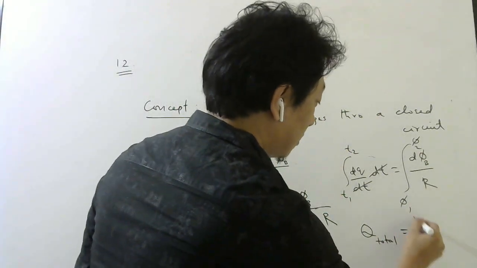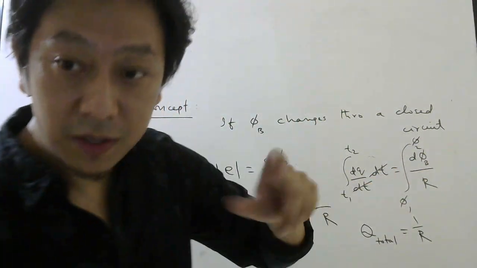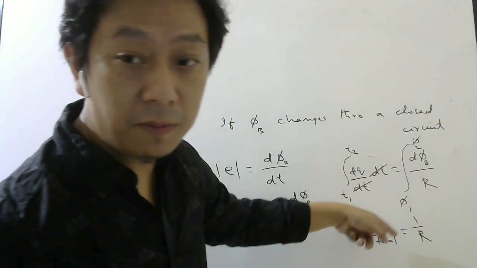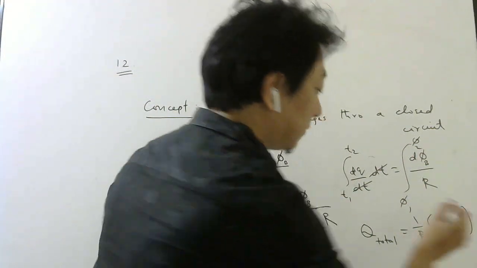And here R is constant, you can take 1 by R outside. Integration of d phi will be total flux. Put upper limit and lower limit. You will get phi 2 minus phi 1.